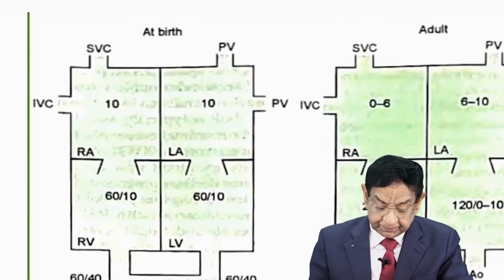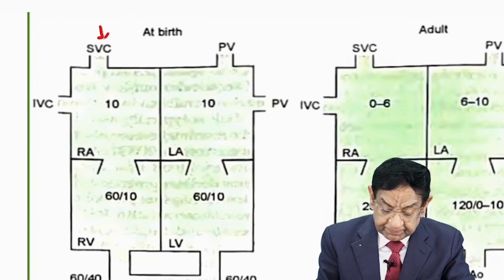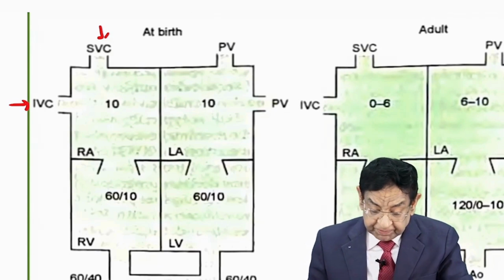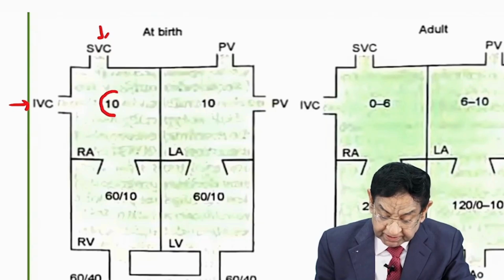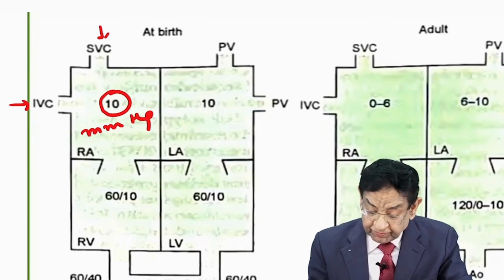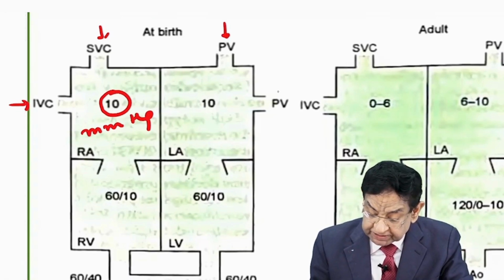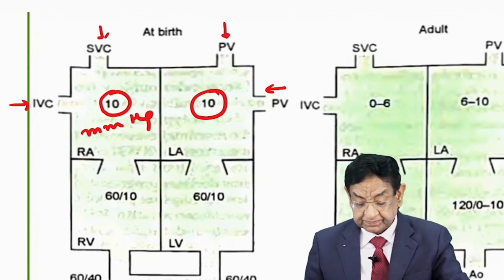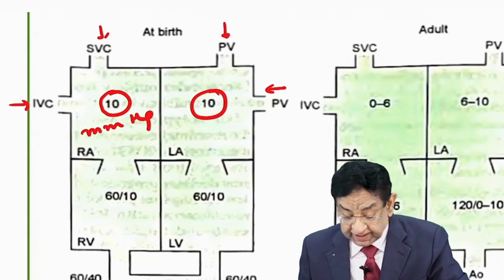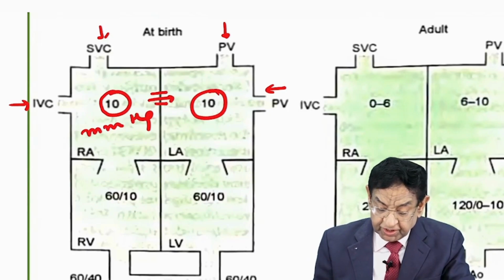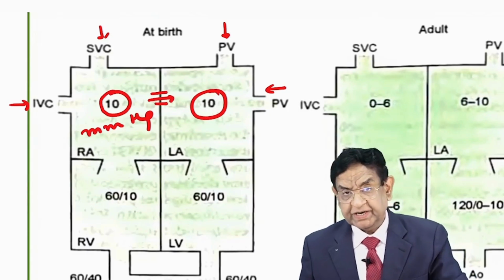So at birth, superior vena cava blood is coming, inferior vena cava blood is coming, and the pressure is 10 millimeter mercury. From here the blood is coming via pulmonary veins, and it is 10. And we should not forget the blood is also coming via foramen ovale in the intrauterine life.